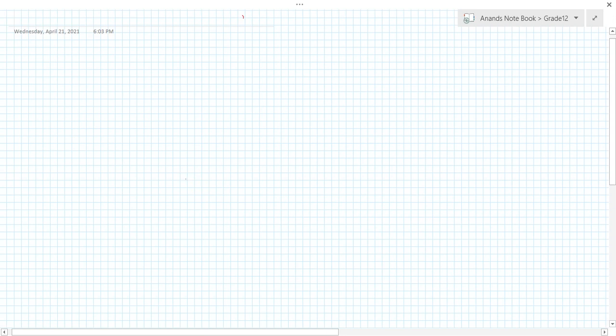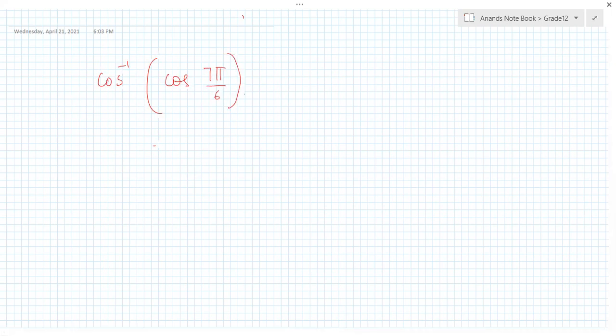Cos inverse of cos 7 pi by 6. Neha, can we solve this together?